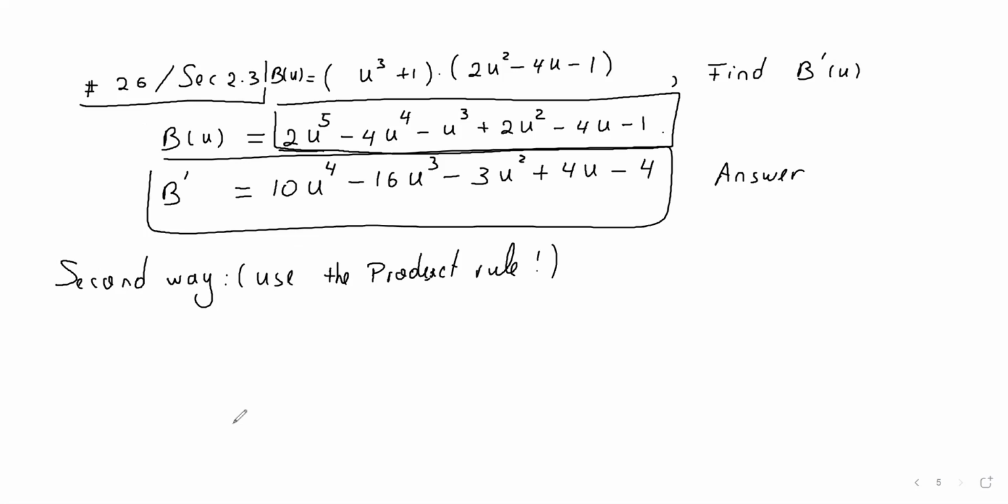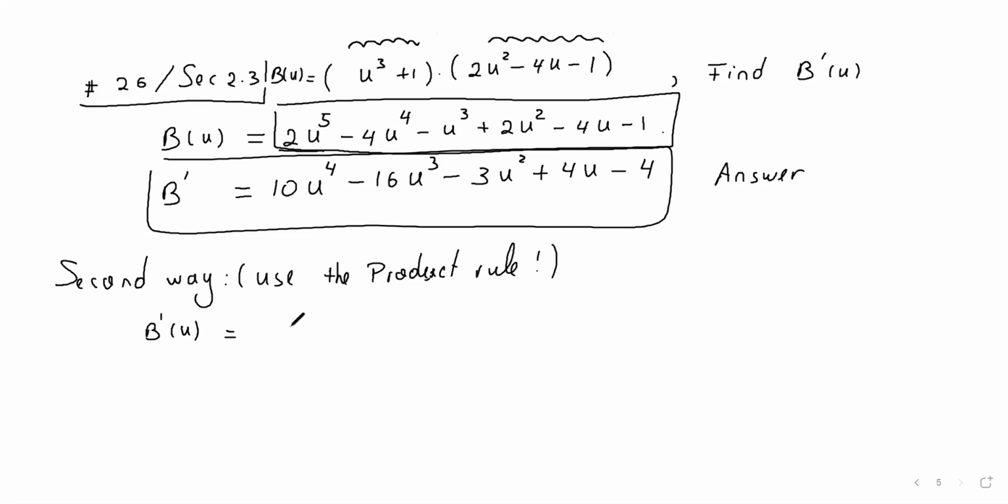Now we expect a little bit of work, right? So extra work, because with this problem, look here, the first way was just a step really. The second way would be a little bit of work. So we're going to say that B prime of u equals, and now remember that we have two quantities that we multiply, this one and this one. Those are going to be my functions f and g.